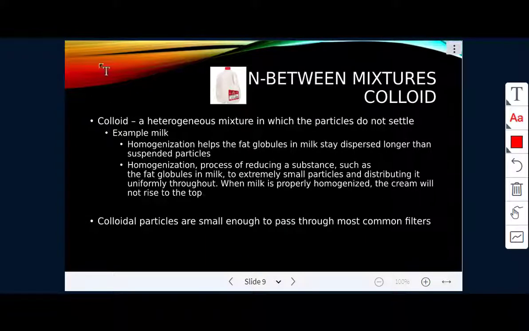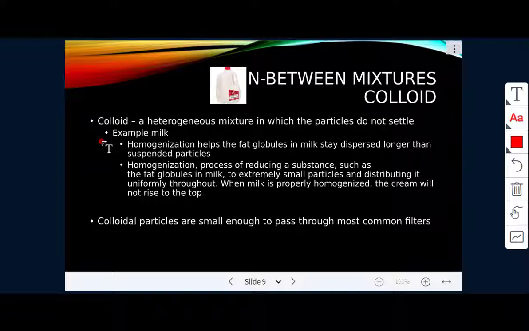Another heterogeneous mixture is called a colloid. A colloid, it's still a heterogeneous mixture, but the particles do not settle. An example is milk. The process of homogenization, it helps the fat globules in milk stay dispersed longer than suspended particles.